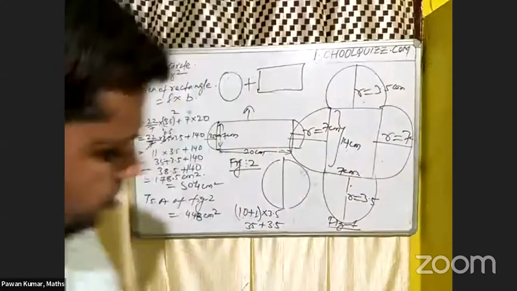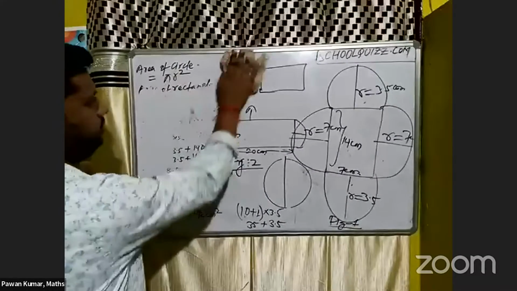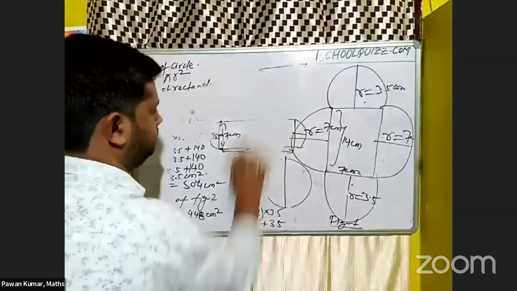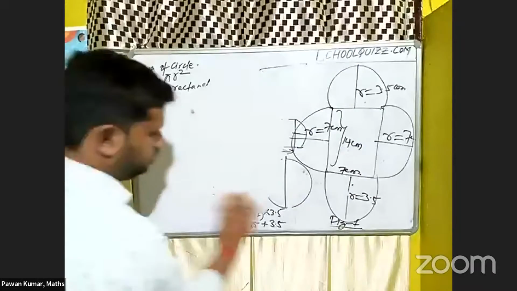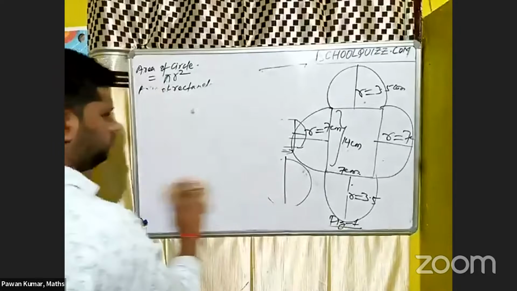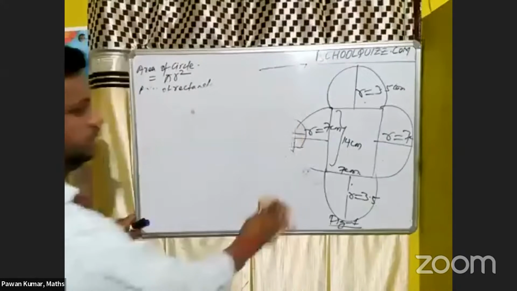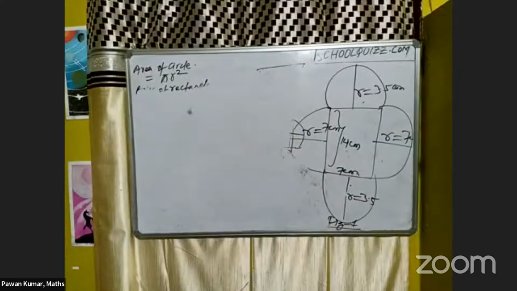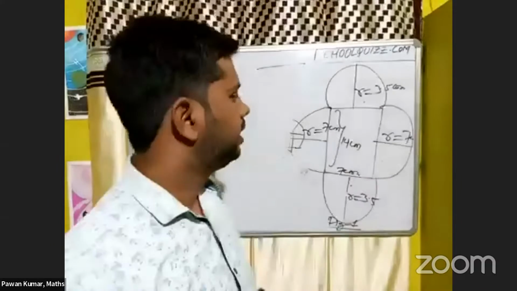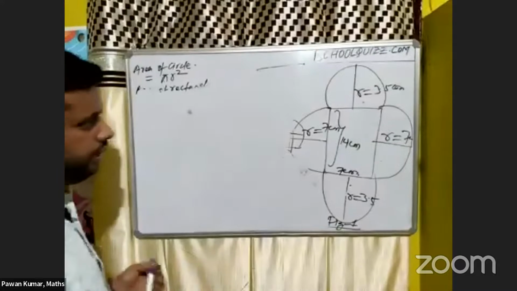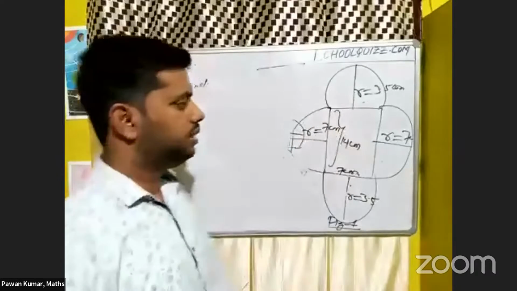So let's see the next one. Now see here. So many students start thinking regarding these two circles, but the two circles have different radius here. Circle 1 is the bigger one. Circle 2 is the smaller one.